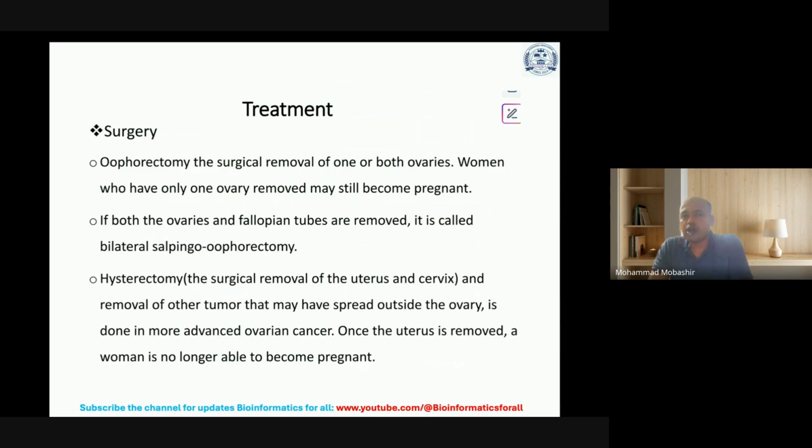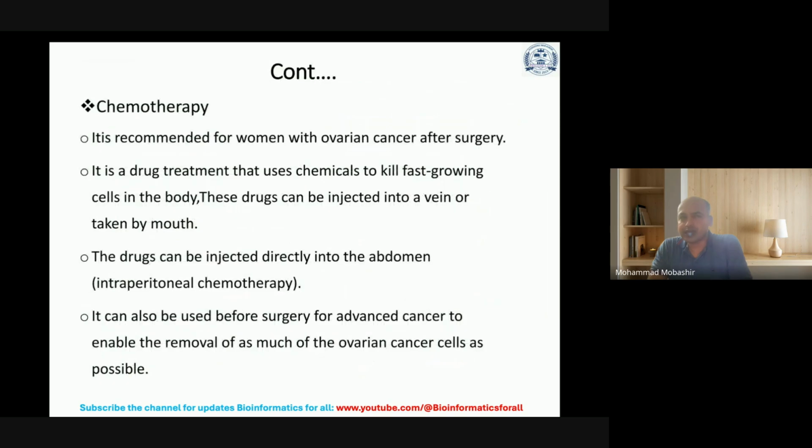Women who have only one ovary removed may still become pregnant. If both the ovaries and fallopian tubes are removed, it is called bilateral salpingo-oophorectomy. Hysterectomy and removal of other tumors that may have spread outside the ovary is done in more advanced ovarian cancer. Once the uterus is removed, a woman is no longer able to become pregnant.